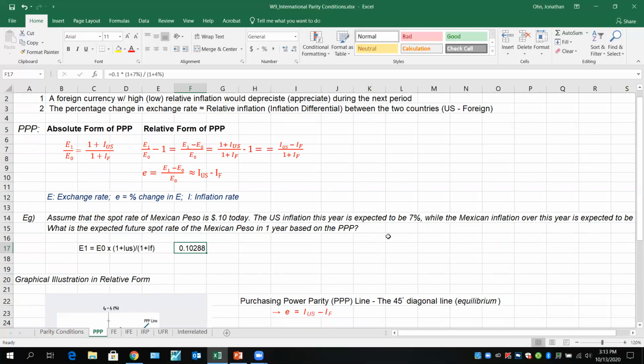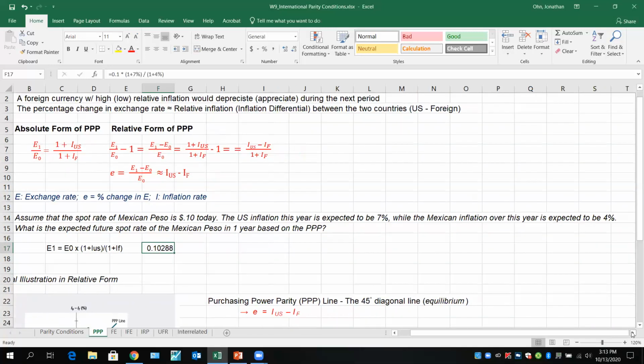Now, if I ask you, given the U.S. inflation is 7% and Mexican inflation is 4%, and the question is how much the Mexican peso will appreciate, what percentage?